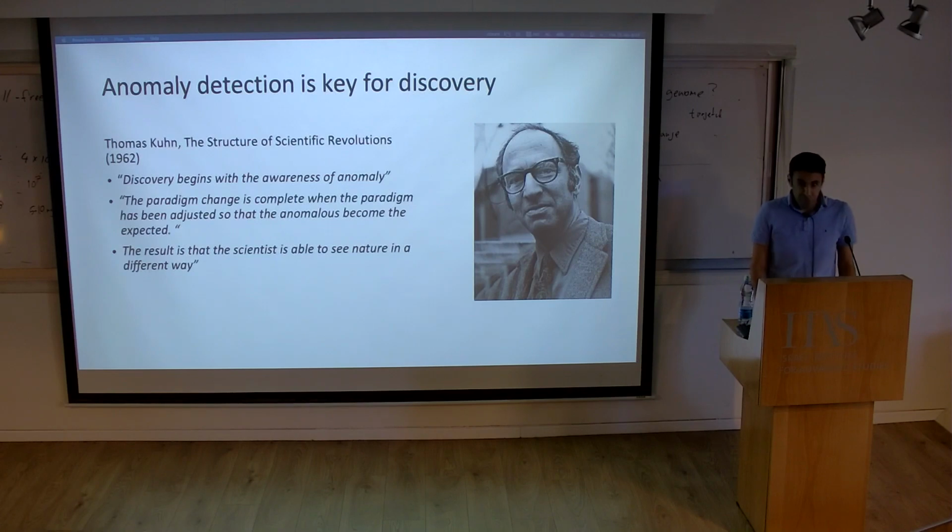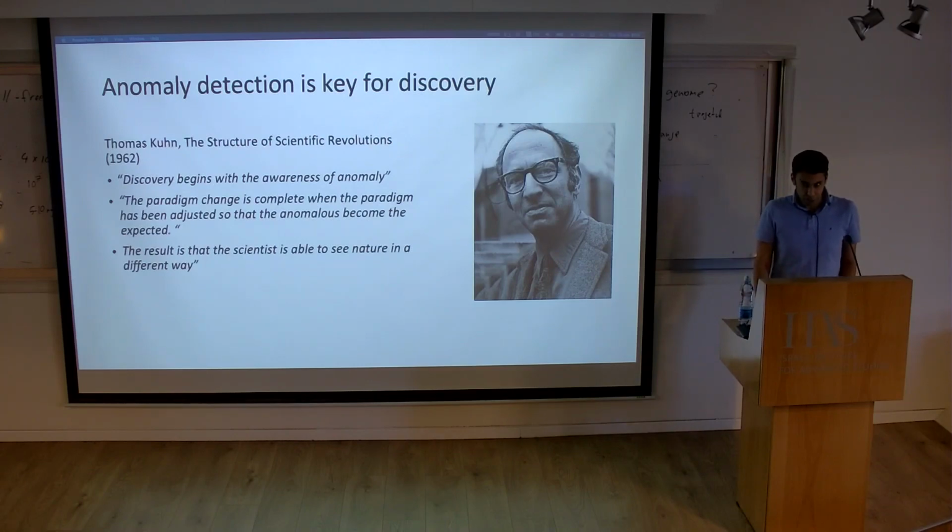And basically his point of view of how discovery happens in science is that we have a dominant paradigm, and then someone discovers an anomaly, something that doesn't quite fit with the existing paradigm, and this causes some sort of confusion, and then we have to come up with a new theory which replaces the existing paradigm, and at some point the new paradigm, in which the anomaly is no longer anomalous because it's already explained, becomes the dominant paradigm, and we repeat this again and again. So this is that school of thought.